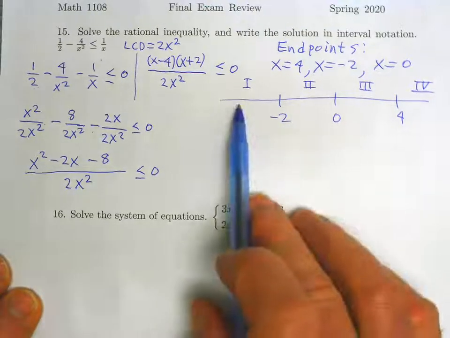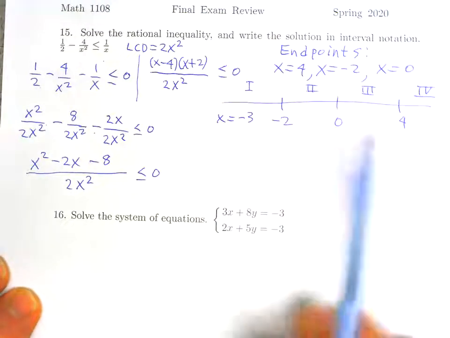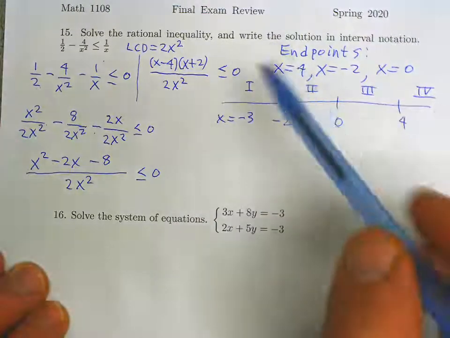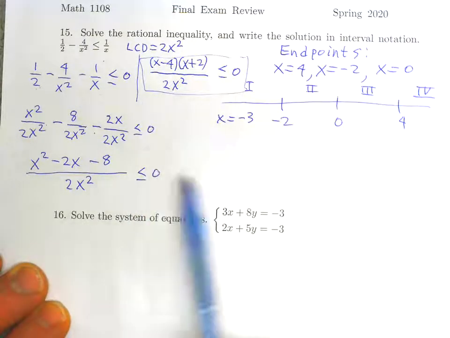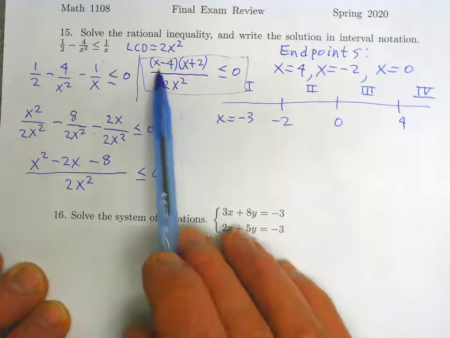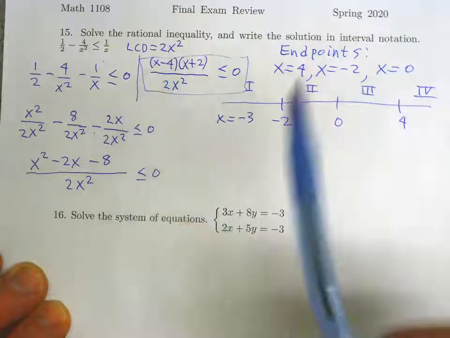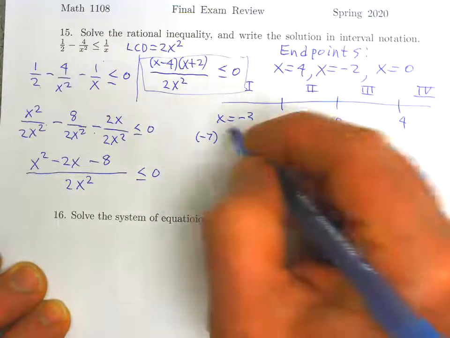In the interval on the left, we can pick x to be negative 3. And then using this inequality where the numerator is factored is more convenient, I think. So replace every x with negative 3. Negative 3 minus 4 is negative 7. Negative 3 plus 2 is negative 1.